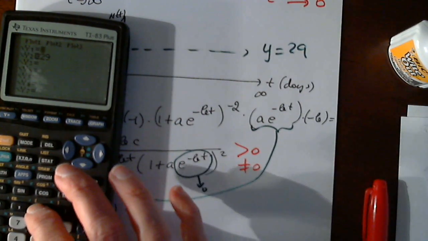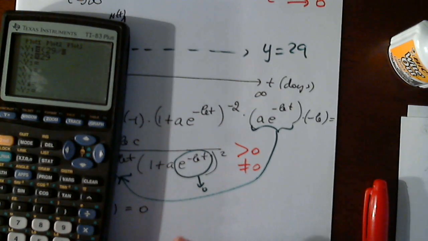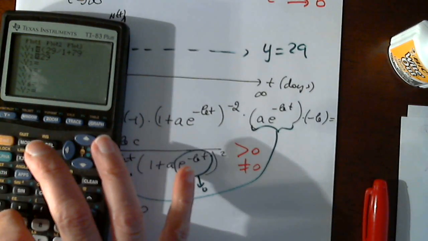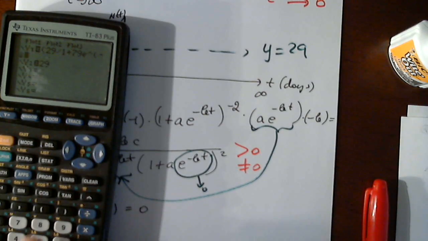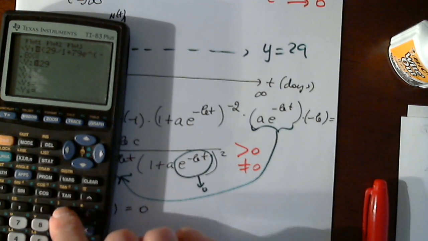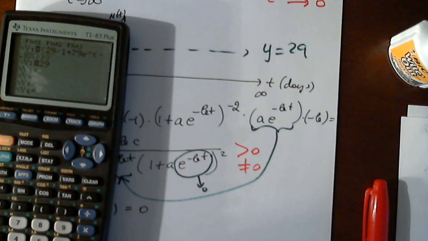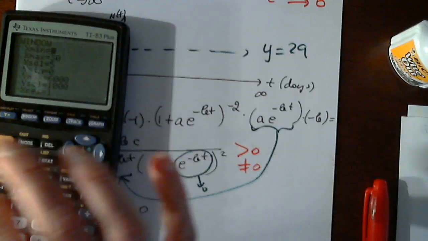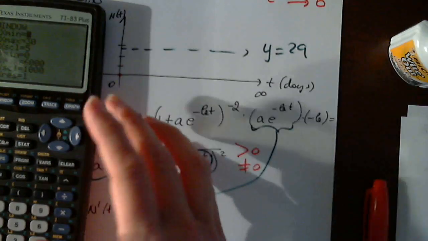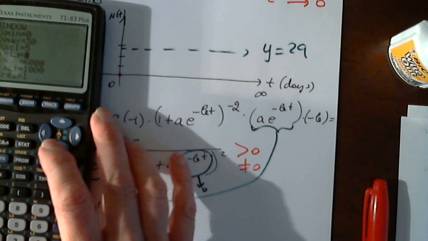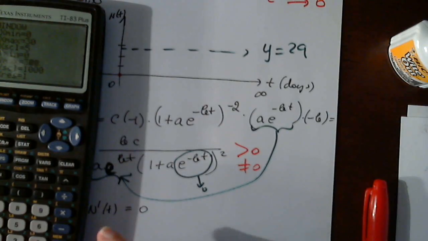And I'm just going to put in 29 divided by 1 plus 80. Let's leave it at 79 times e to negative 0.8x. And I want the viewing window this time to be between 0 and 30 with a scale of 5, that's fine, and 0 to 30 with a scale of 5.